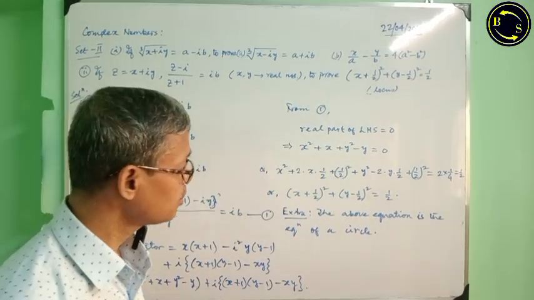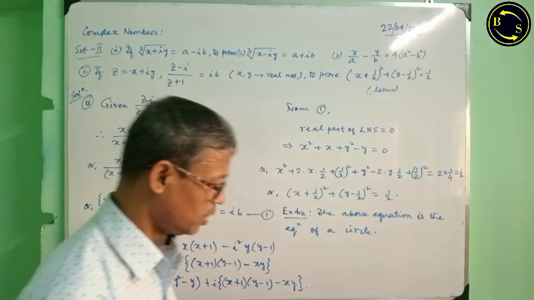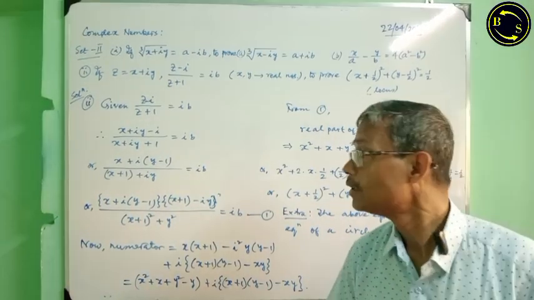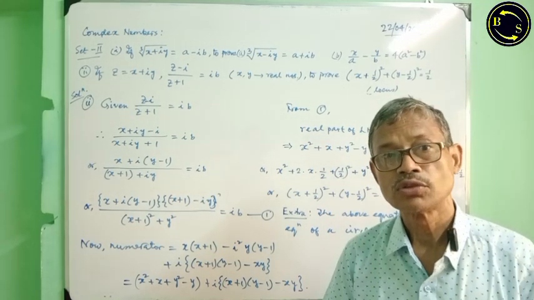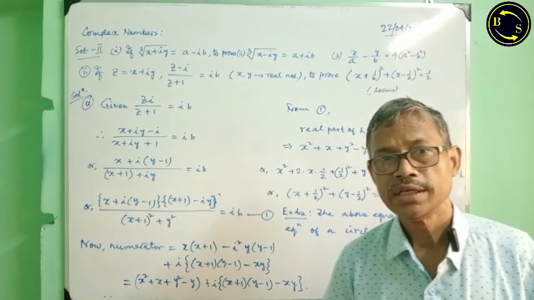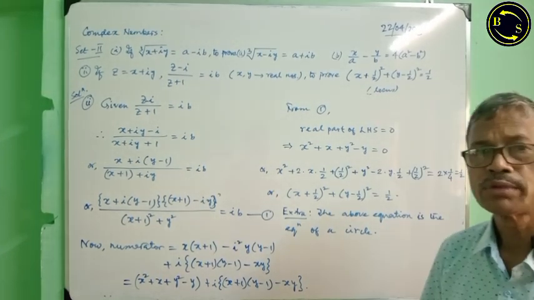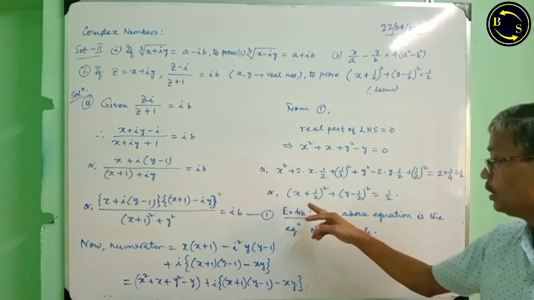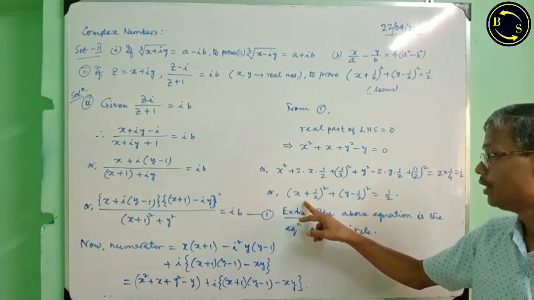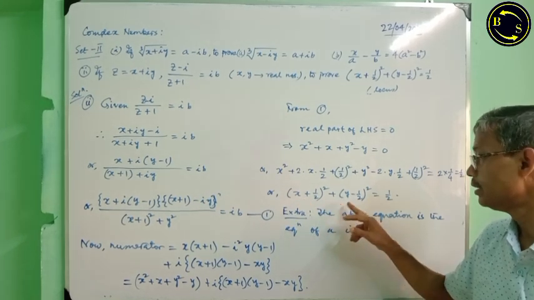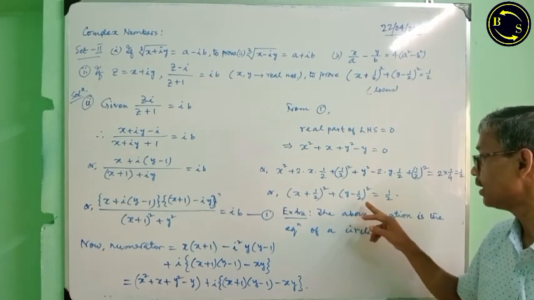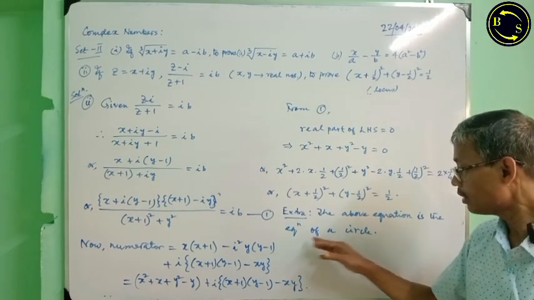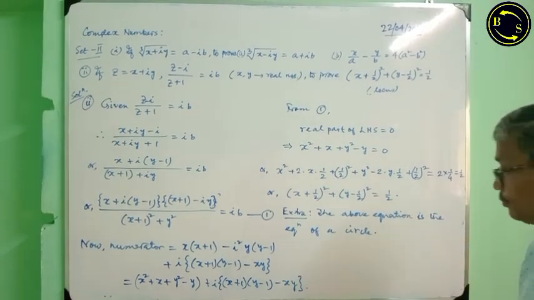When the circle topic will be discussed, you will see that the general form of a circle, also called center radius form, is (x minus alpha) whole square plus (y minus beta) whole square equal to r square. Here we find that, from that we make the comment that this is a circle.